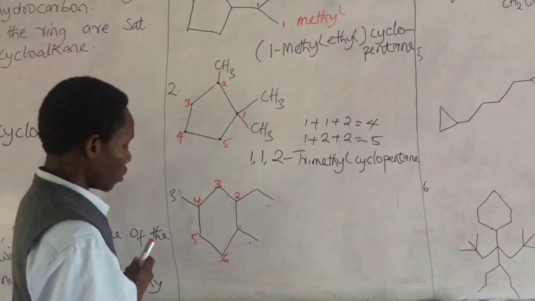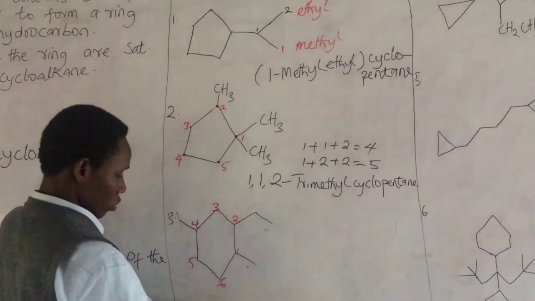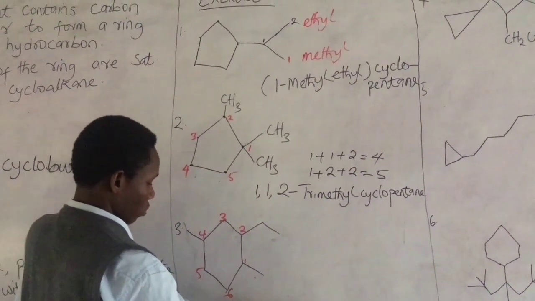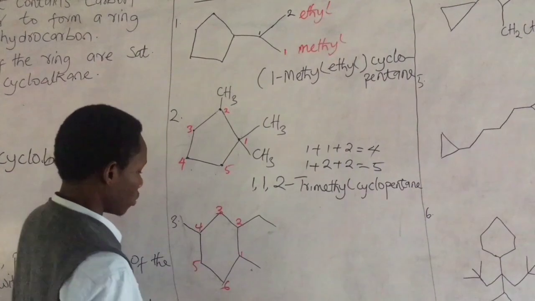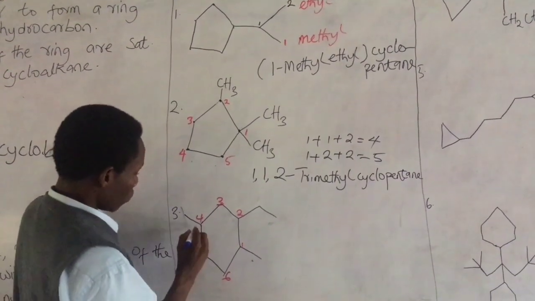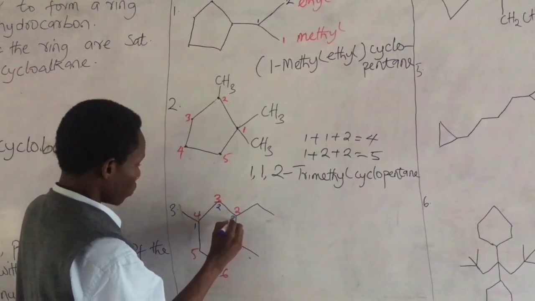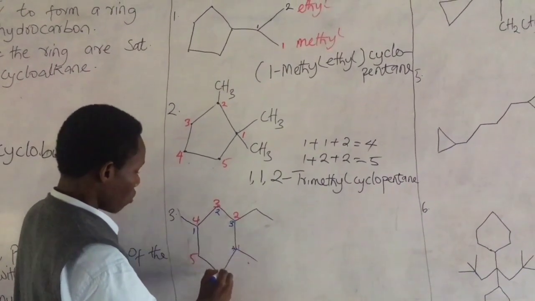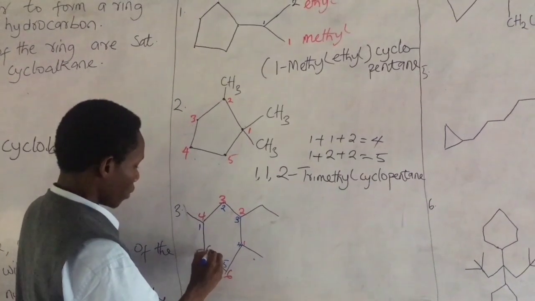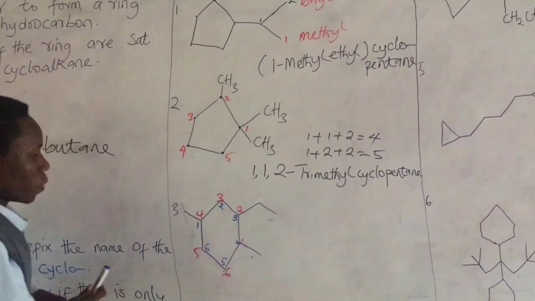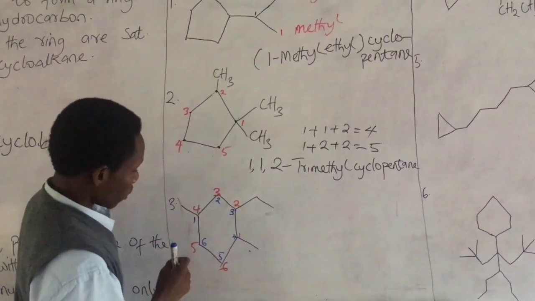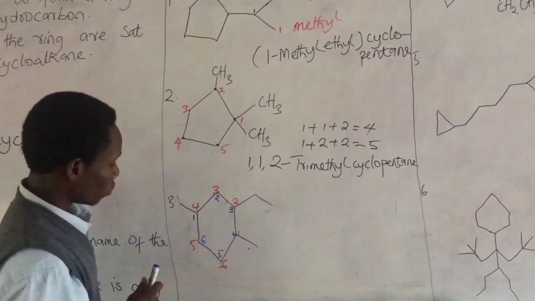Okay, let's use another pattern to number so we know the best way of numbering. It's very easy. Let's take it like this: 1, 2, 3, 4, 5, and 6. So we are going to count and know the best method to use.